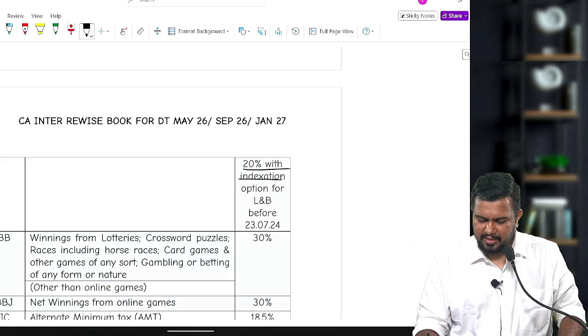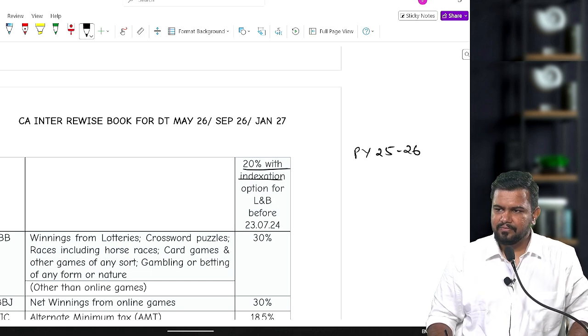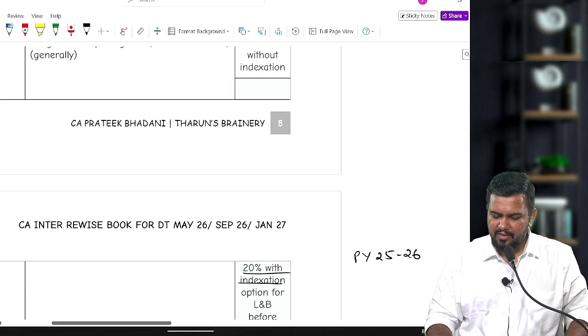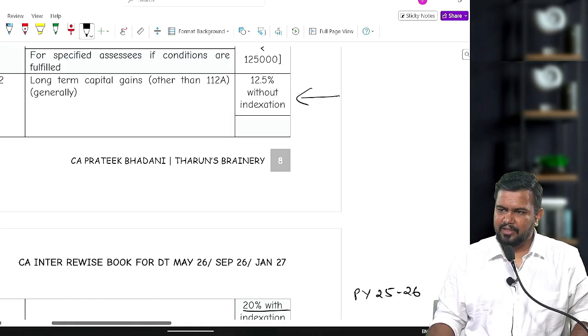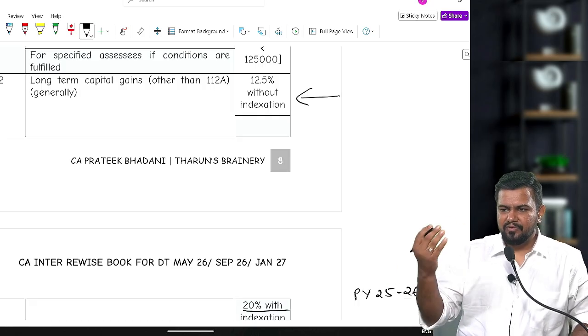Okay, sir, our previous year is 25/26. So for transfers happening during 25/26, we have to learn only this tax rate, correct? 12.5% without indexation. Should we study the old rate or not?